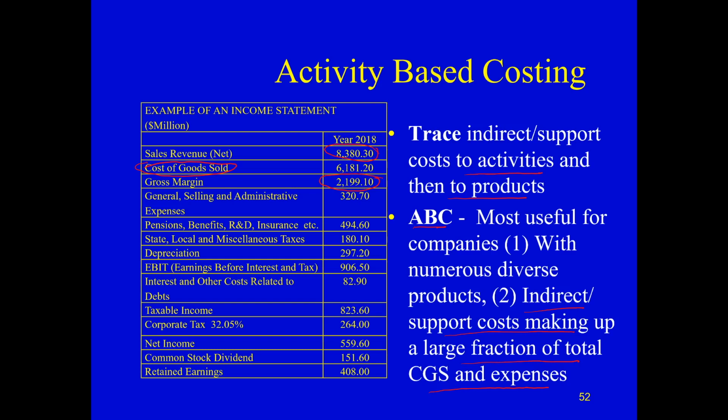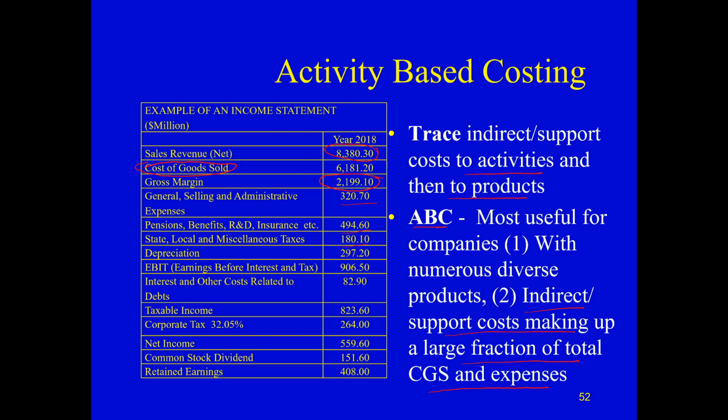And then there are other expenses also. If I go through this income statement, we have general, selling and administrative expenses, then pension benefits, R&D, insurance, etc., then state, local and miscellaneous taxes, and then depreciation.